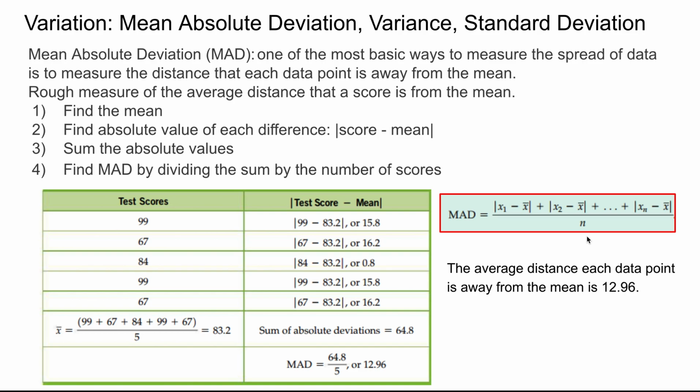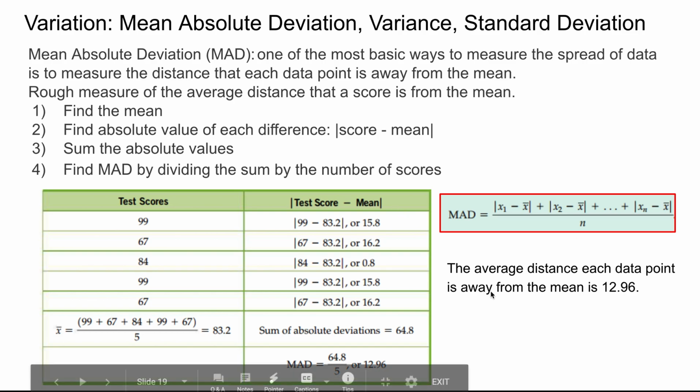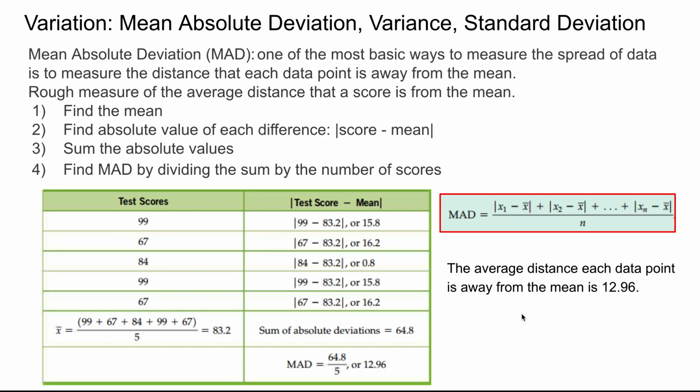So that is the average distance each data point is away from the mean, 12.96. Okay. Again, remember, this is for the variation. This is a good indication of how far away our data is from the mean, or from the average.